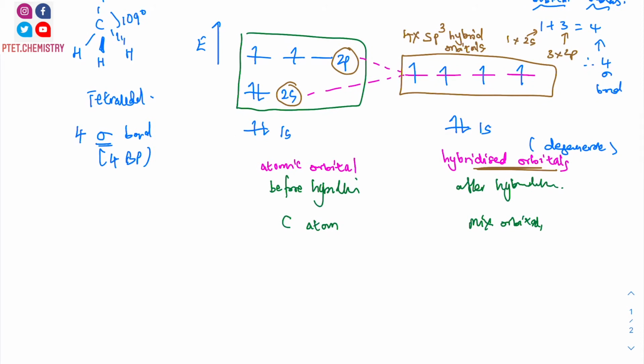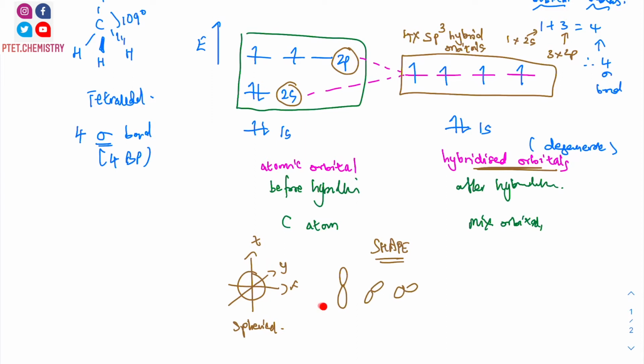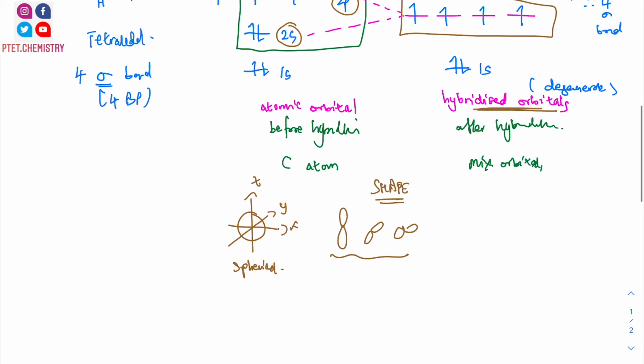Okay, so what does it mean in terms of the shape? Individually you will have the spherical, you will have the x, y, and z. The axes are arbitrary here. This is your spherical s orbital, and then you will have the dumbbell shape of the p orbitals in this axis, whichever. So these are the p orbitals, px, py, and pz.